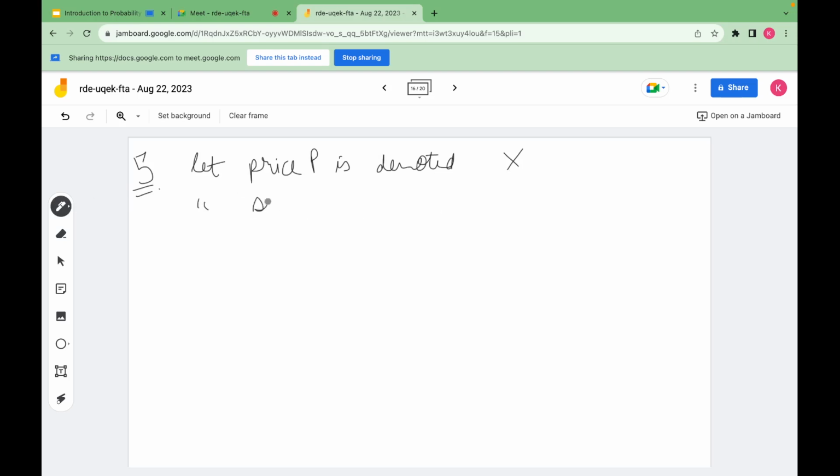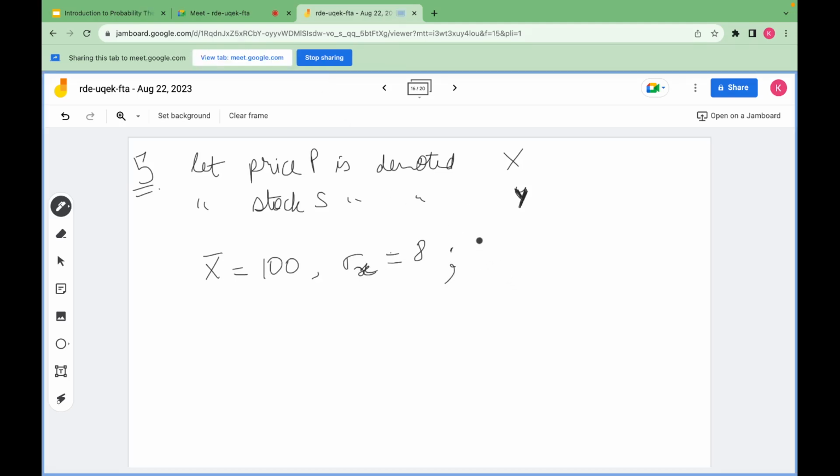And let stock S be denoted by Y. Now this X bar is 100 and standard deviation of X is 8. This is given in the question. This Y bar is 103 and sigma Y is equal to 4. And the correlation coefficient between these two is also given, which is 0.4.